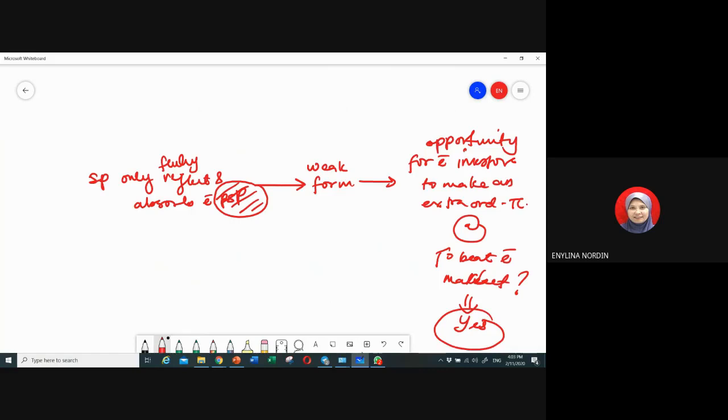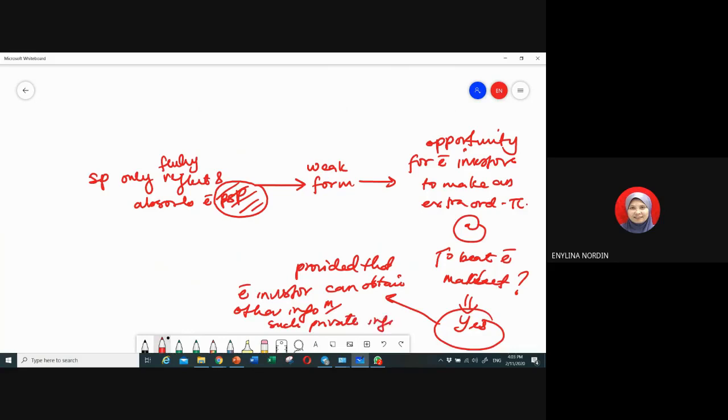That means yes, provided that the investors can obtain other information, such as private information, and then what else?